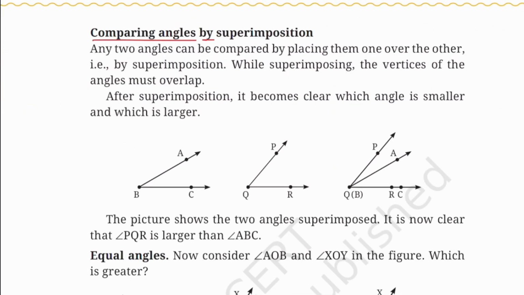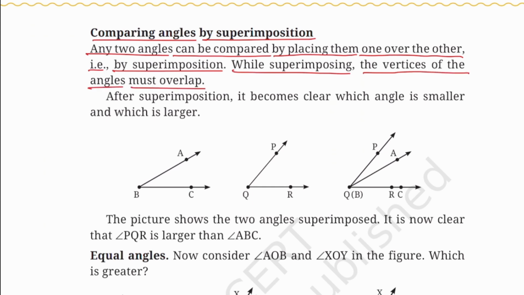Comparing angles by superimposition. Any two angles can be compared by placing them one over the other, that is, by superimposition. While superimposing, the vertices of the angles must overlap. After superimposition, it becomes clear which angle is smaller and which is larger.